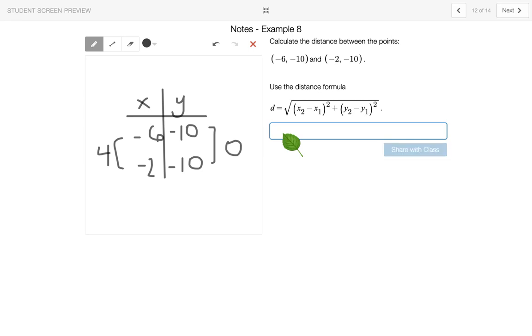But if we were to use the distance formula just to see how it works in exactly the same way, it would be the square root of 4 squared plus 0 squared, which is equal to the square root of 16, which is 4.